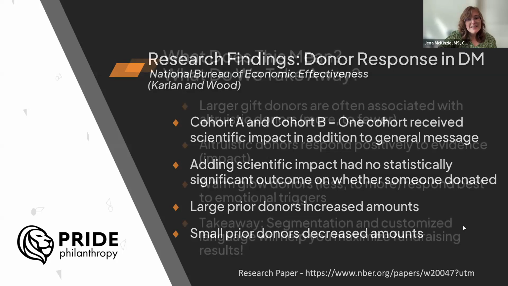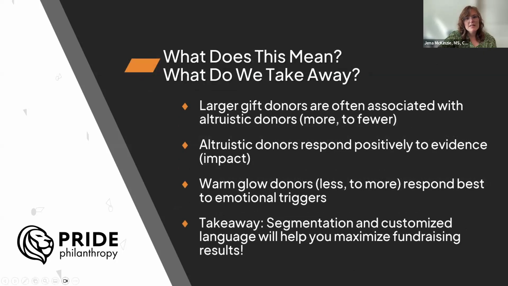What this really shows us, what this means in this example, is that larger donors are often a little more altruistic. They tend to respond more positively to science-based or evidence-based messaging of impact. They want to see specific numbers. They want to see that you've increased your impact in the community, again, in specific ways.